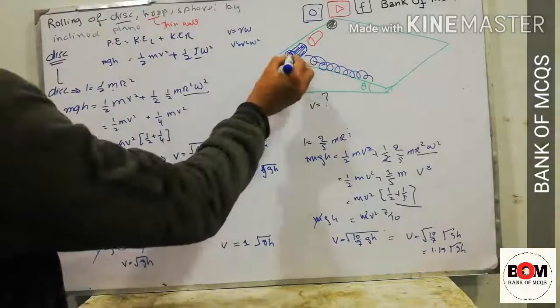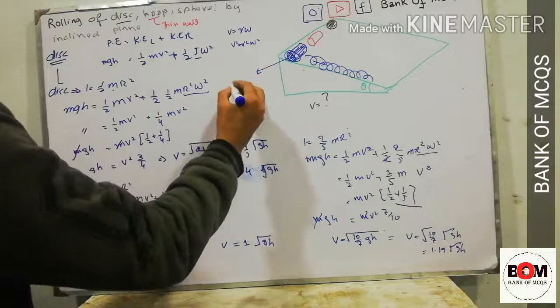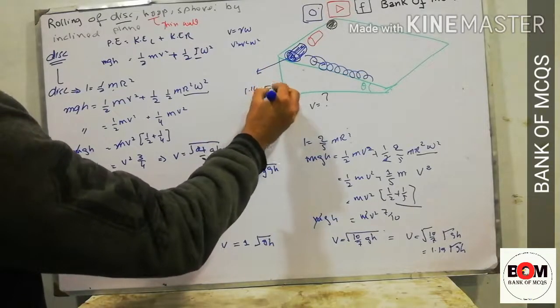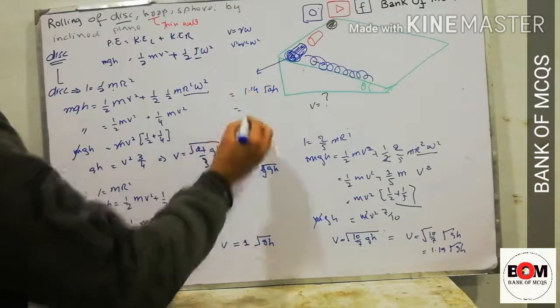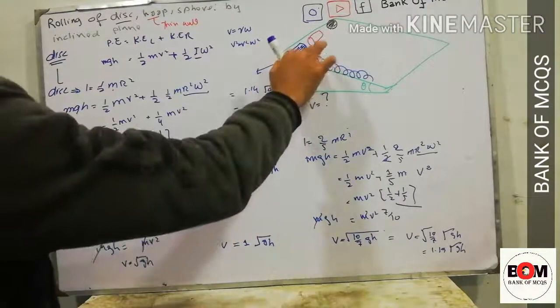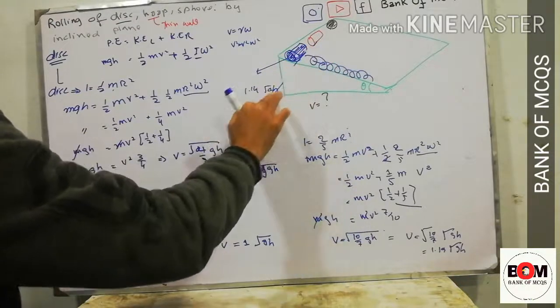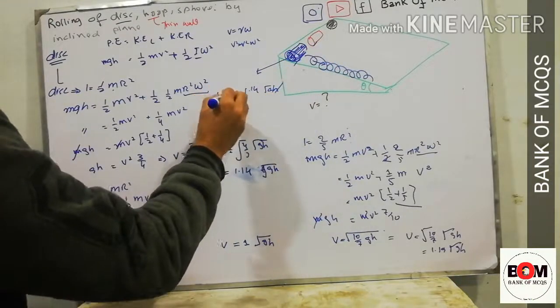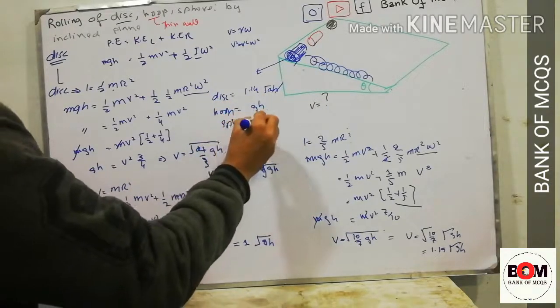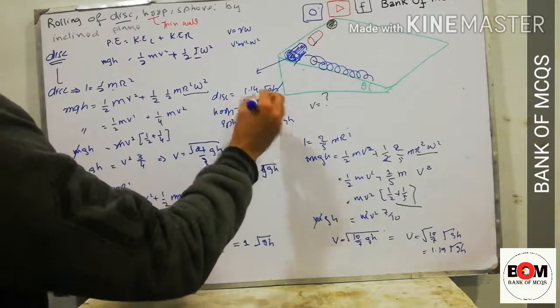So the velocity of this is v is equal to 1.14 under root gh. Now the velocity of the hoop is equal to under root gh, and for the sphere it is equal to 1.19 under root gh.